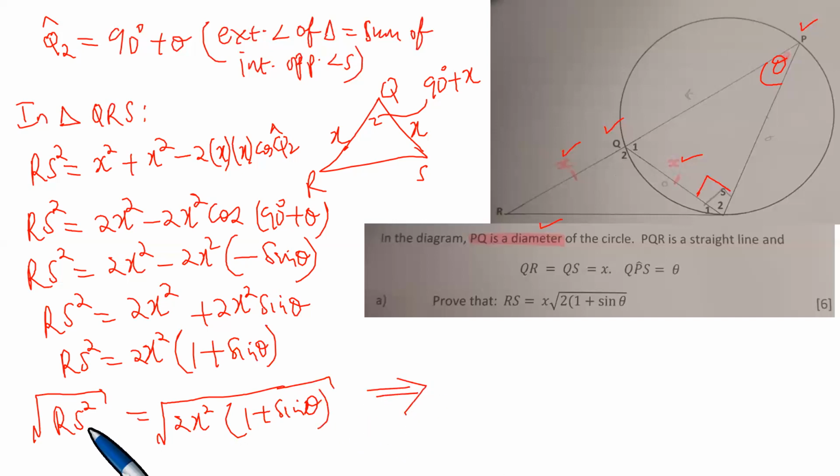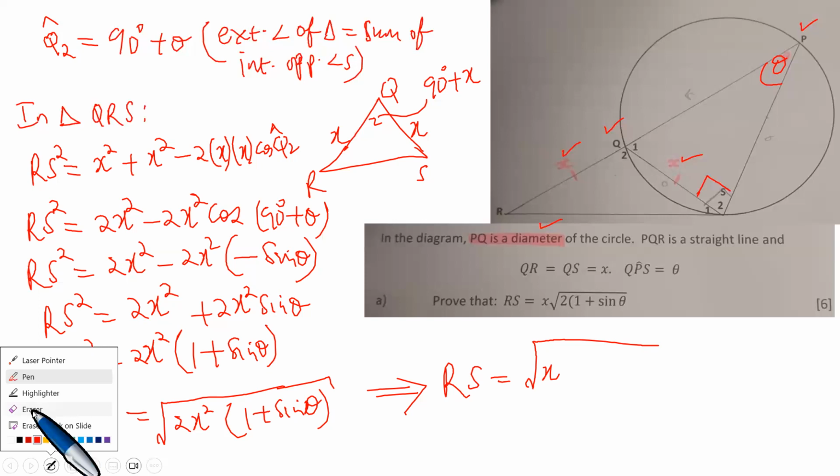And the meaning is, if we deal with this here, the square root of RS squared becomes only RS, and the square root of 2X squared you can write as the square root of X squared into 2, from which we're able to get the following.